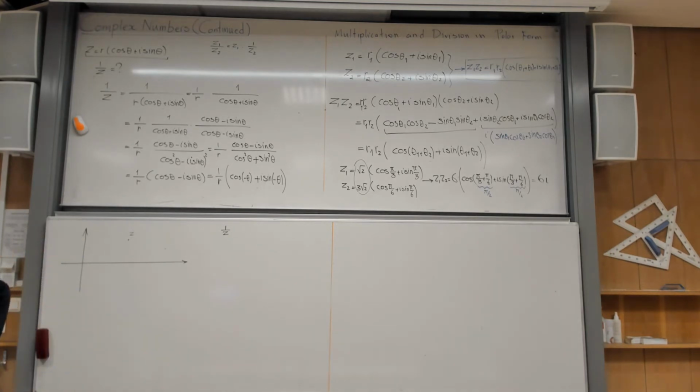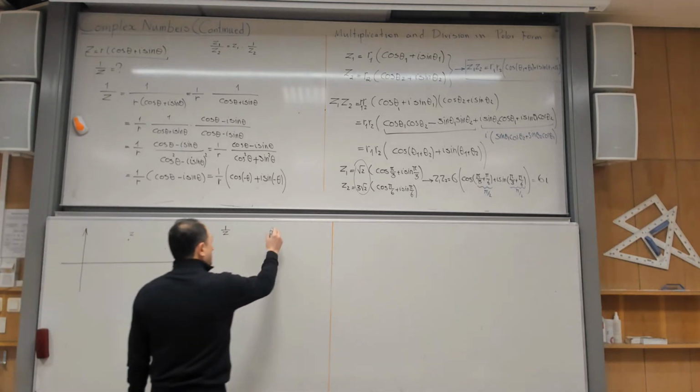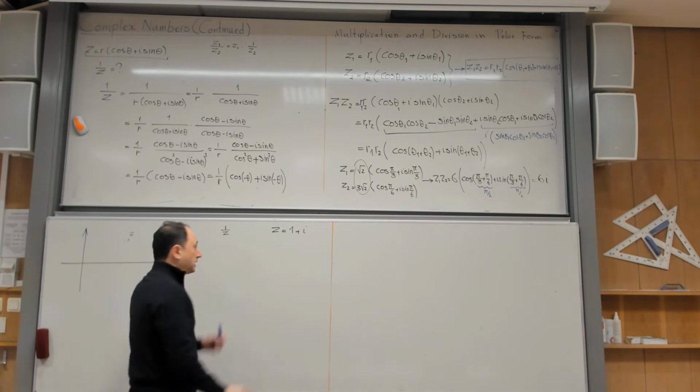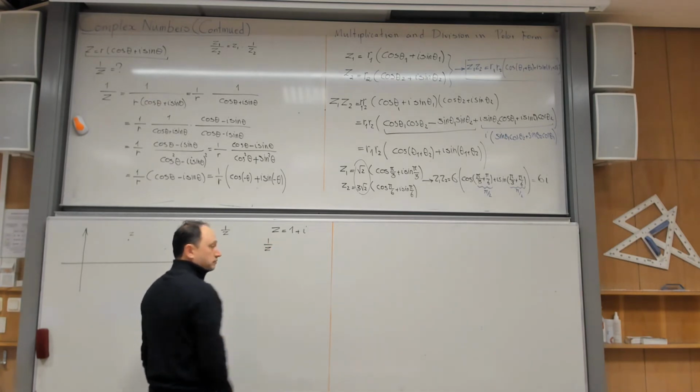But where is it? If I give you this is the location of z, and I ask you where is 1 over z? It was not that easy a question in the beginning. Of course you can answer. For example, if I give you this and I ask you where is 1 over z?